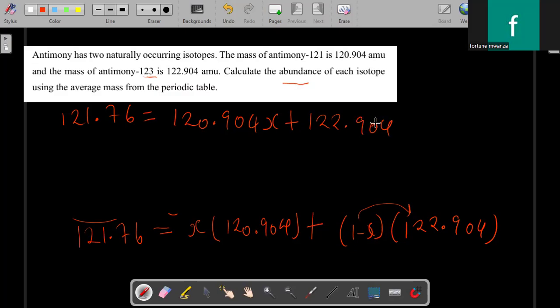Then I still multiply my X with the same number, so I have minus 122.904 X.